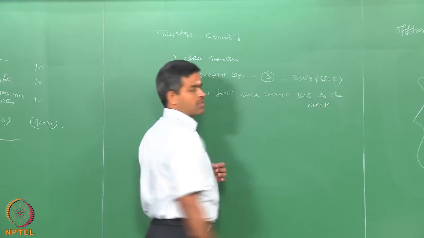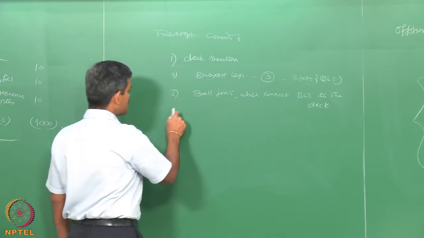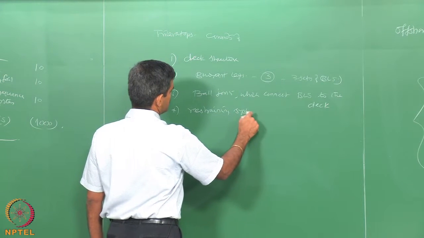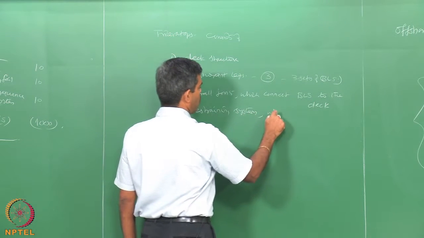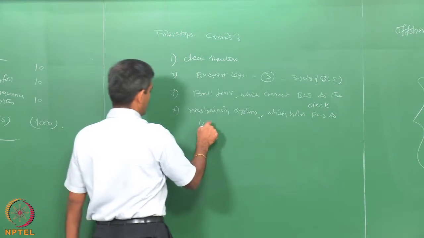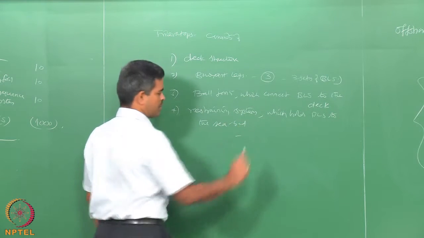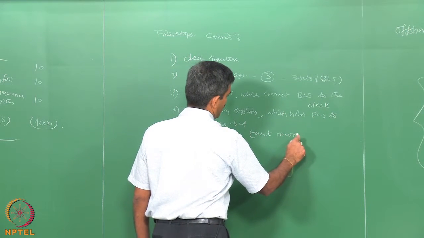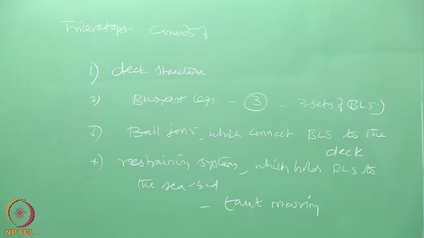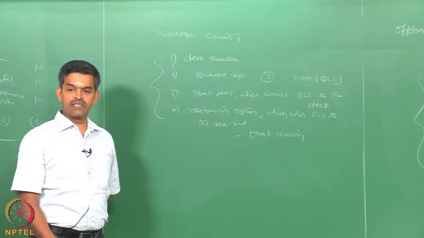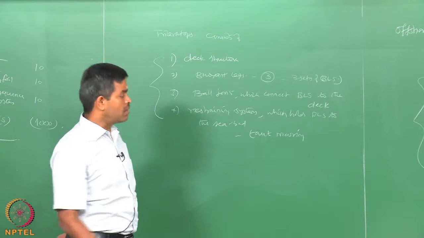I will show you the picture and the photograph later. It also consists of a restraining system which holds the BLS to the seabed. The restraining system is usually a taut mooring. So, these are some of the vital components apart from those components present in terms of use for production, processing, exploration, drilling, etc.